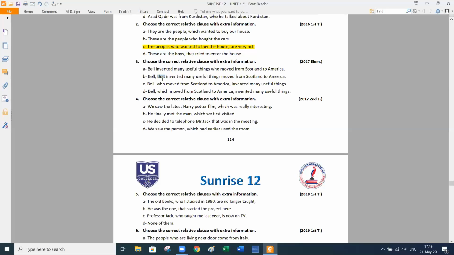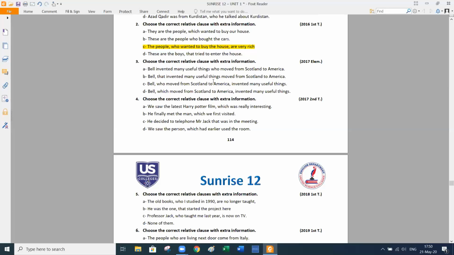As you know, according to the rule, we don't use that in non-defining relative clauses. So that's wrong as well. So we don't need to read the rest. But let me read: Bell, comma, that invented many useful things. And also we need a second comma here. A second comma is also missing.